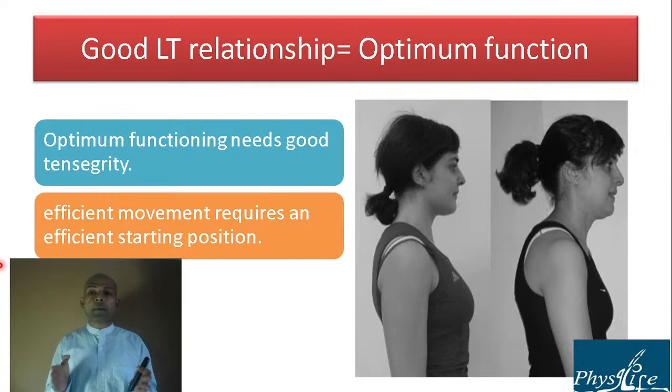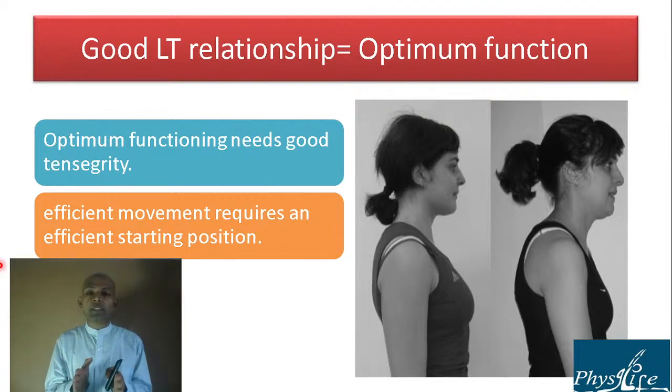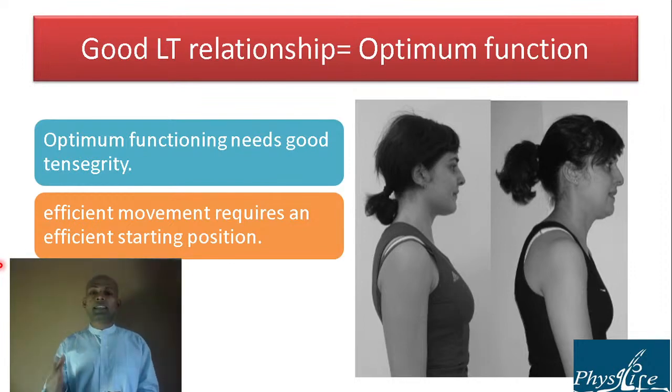And because a muscle has a zone of optimum function, this is again your first sem or first year biomechanics, if you shorten the muscle below that or lengthen the muscle more than that, the muscle is not going to function in its optimum position. If you see this lady when she is in a correct, good erect position, her posture is fine.